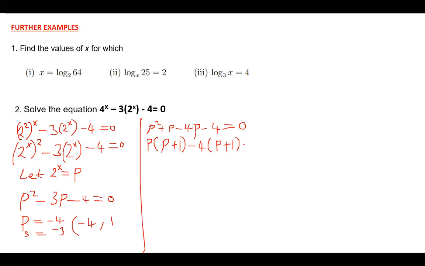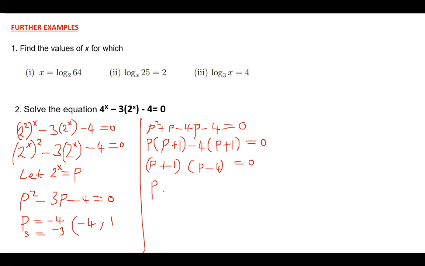Whenever you're solving a quadratic equation, if you discover that what is in the brackets there is different from the other, just know you have made a mistake somewhere. Just go back and solve it properly. So this is our factor here, and then we also have this p minus 4 being equal to 0. Now we can equate these to 0.